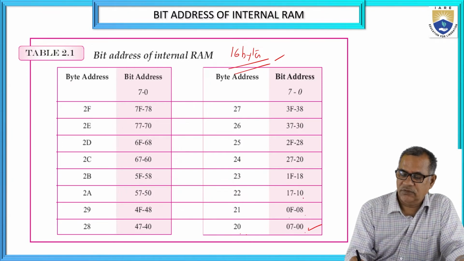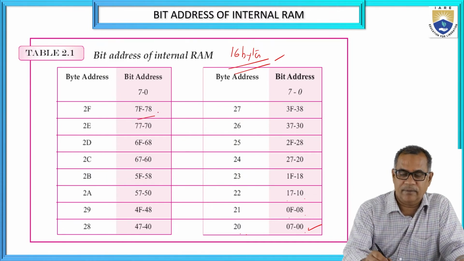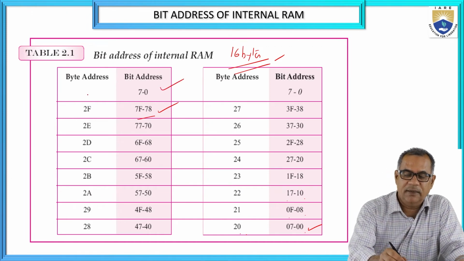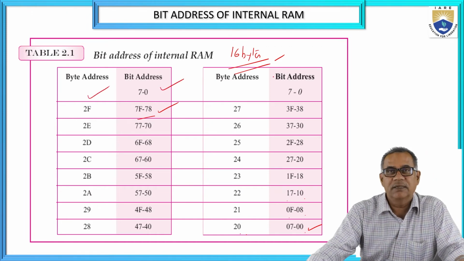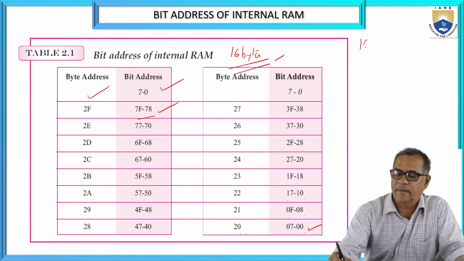For 22 it is 10 to 17. And finally for 2F, it is from 78 to 7F. So this is the bit address and this is the byte address. So total is 16 bytes. This is the detail of the bit addressable internal RAM, which is 16 bytes.